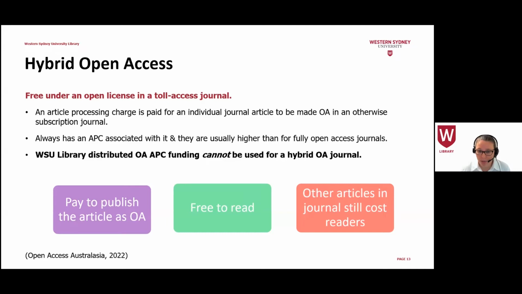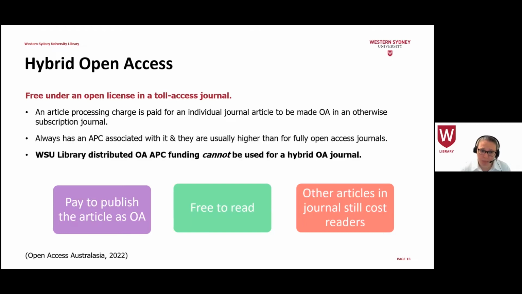That will make it free for readers to read, but other articles in the journal still cost for subscription, either with libraries or institutions or individuals. So it's a little bit double dipping from the publisher's perspective. They charge both the authors and the libraries and other subscribers, but it can be a good way to get your article out there and freely available.